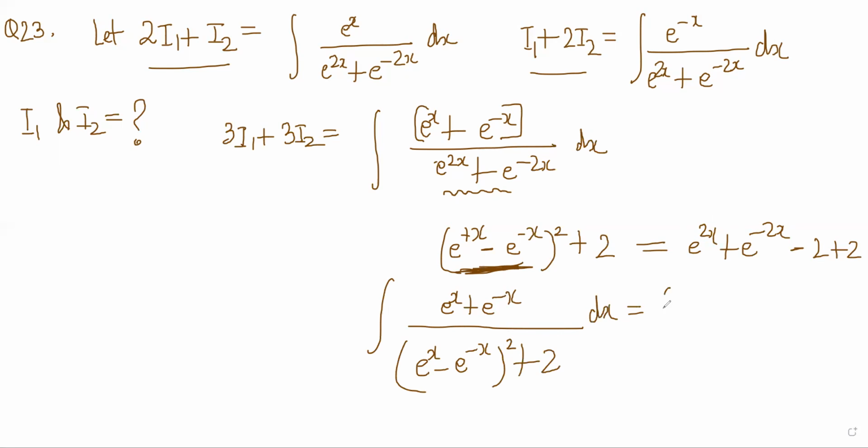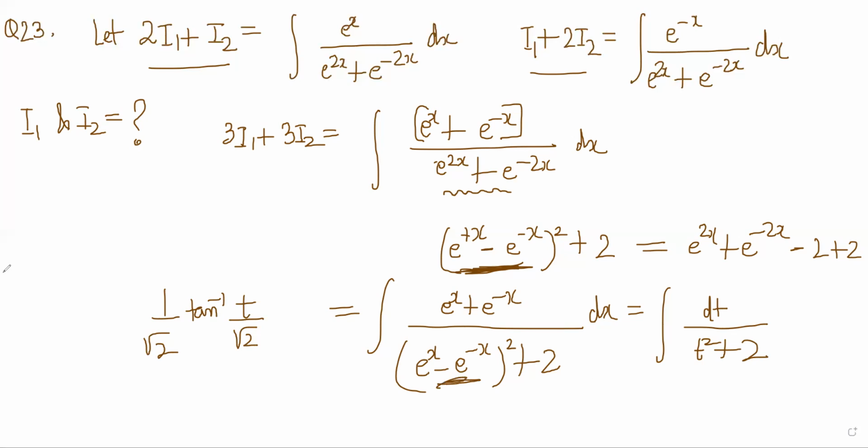So I have something like this here and something like this here. So this becomes basically dt by t square plus 2, and that integral is just simply 1 by root 2 tan inverse t by root 2, where your t is e power x minus e power minus x, right? And this is equal to 3 times I1 plus I2. So that gives you the value of I1 plus I2, right?